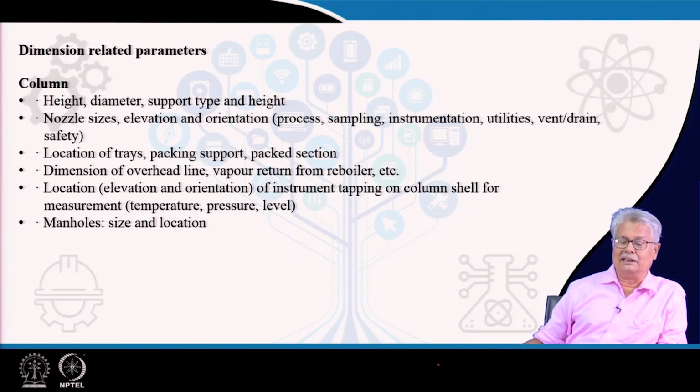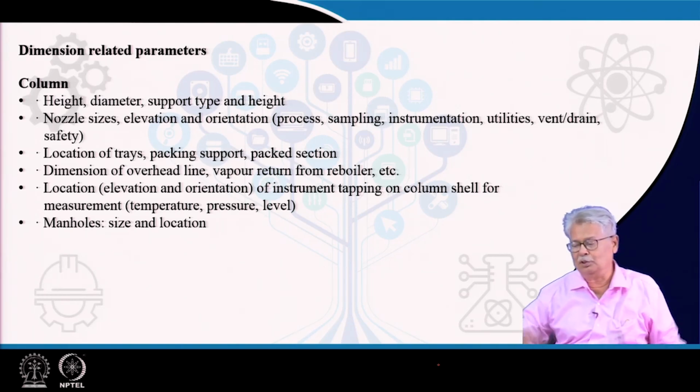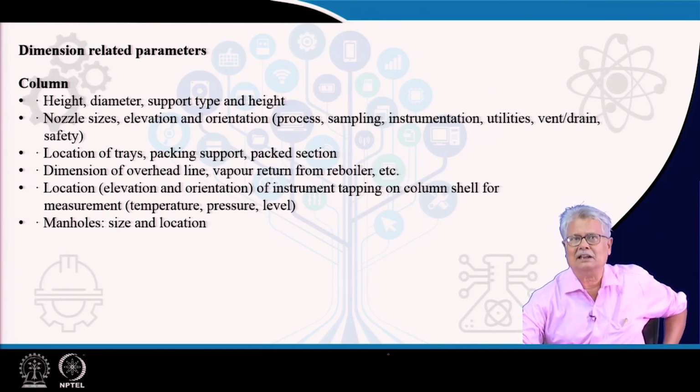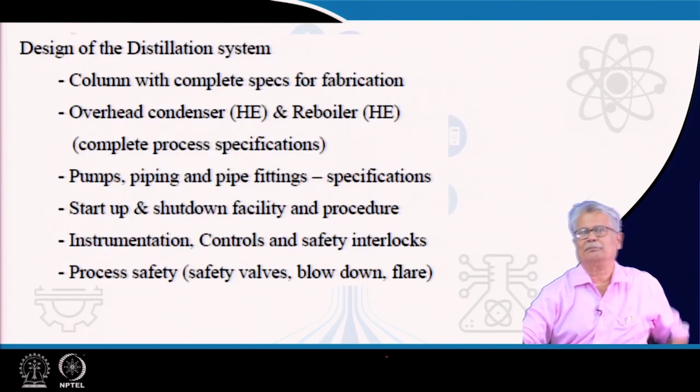Quite naturally these are all dimensional parameters which are listed here, which are height, diameter, location of trays, location of instrument nozzles and all. And definitely you have to have some idea about the safety aspects also, which will be detailed immediately after this.